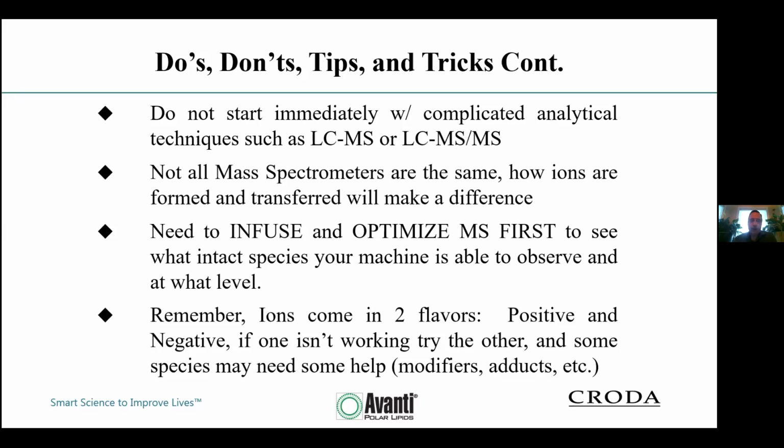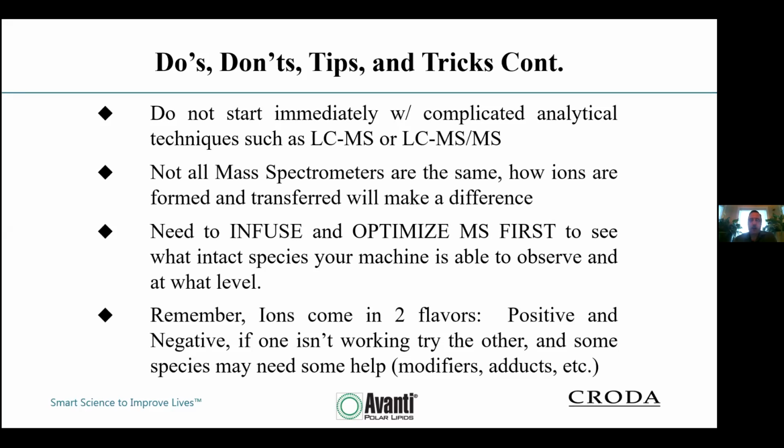as your analytes. You probably want to infuse your sample and optimize your mass spectrometer first to see what species your instrument is able to observe, and also at what level you're able to observe it at, because some machines are more sensitive than others. And it's important to remember that ions come in two flavors.